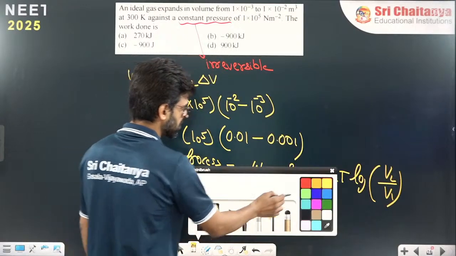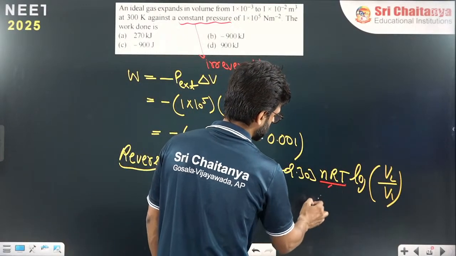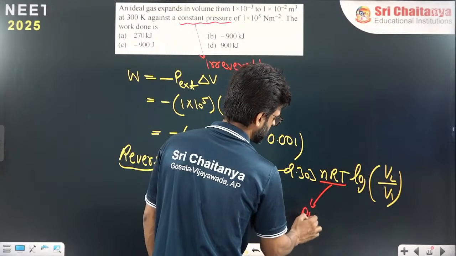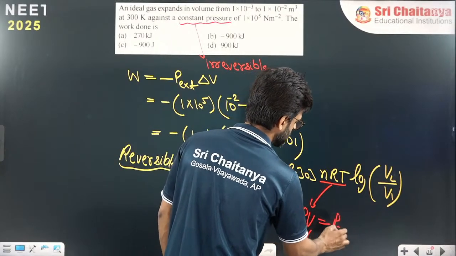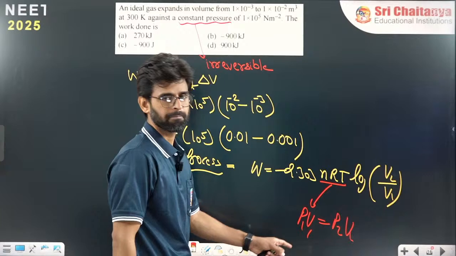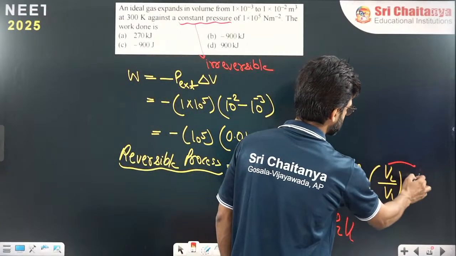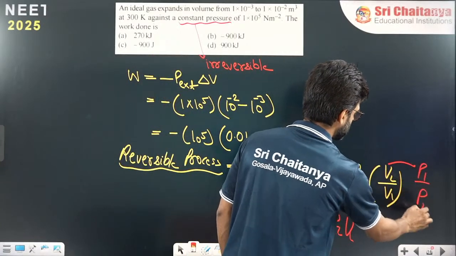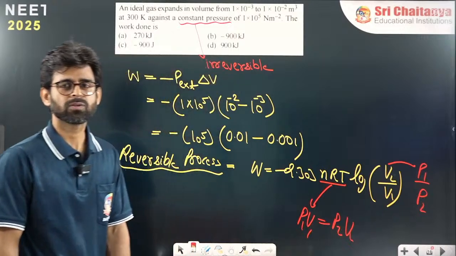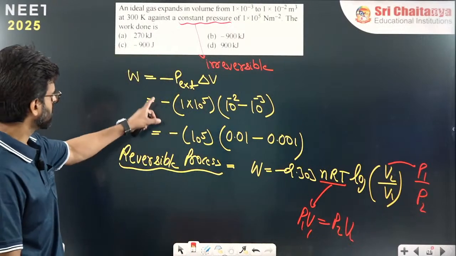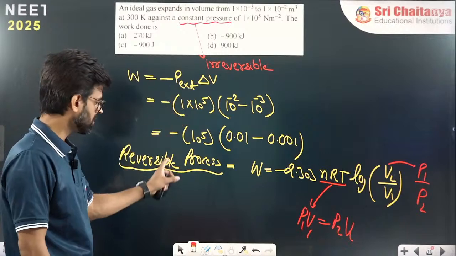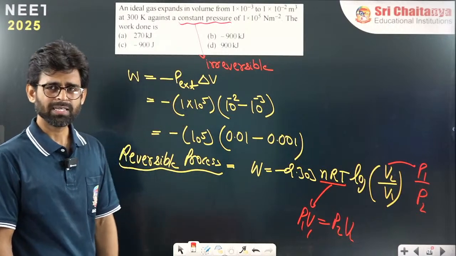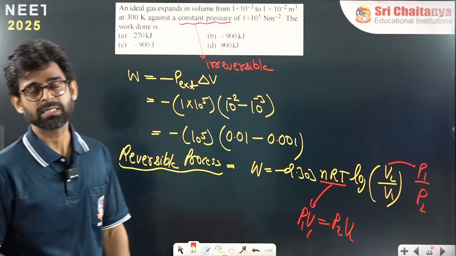You can call this nRT as PV sometimes. Maybe they give you P1 V1 also, P2 V2 also. Any of these you can take. And this V2 by V1 can be used as P1 by P2 also. So any of these you can go with. It is for irreversible, it is for reversible. Fine, easy. Very important topic from the NEET point of view.